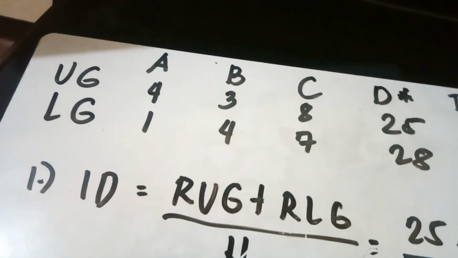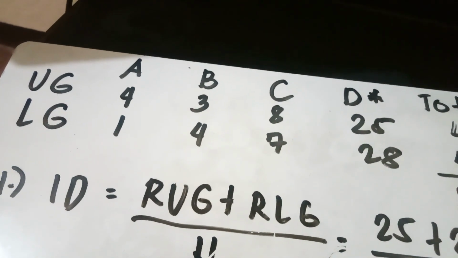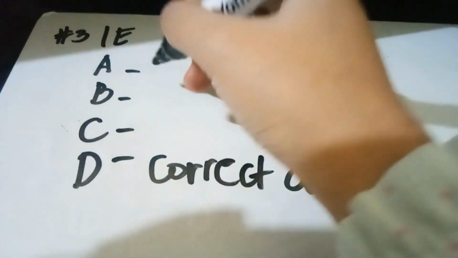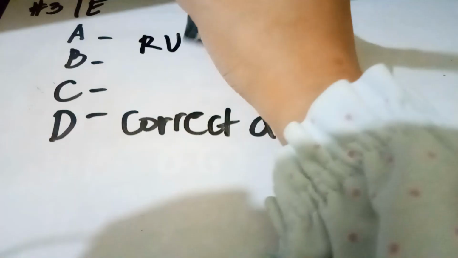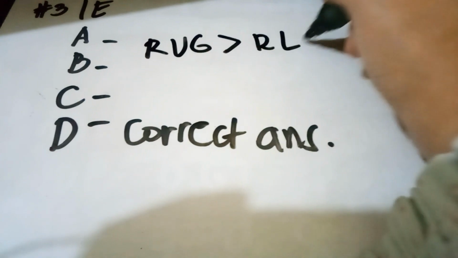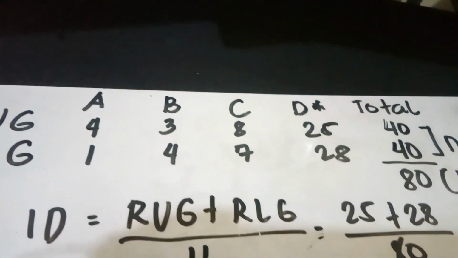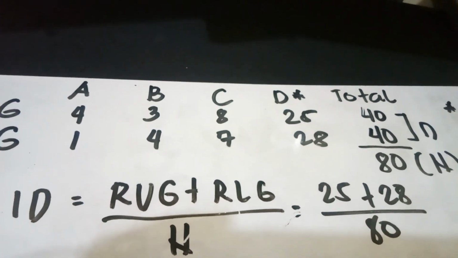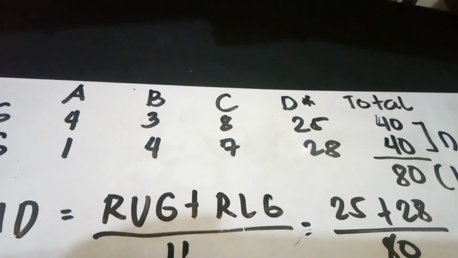From option A, let's see which is higher, RUG or RLG. RUG is greater than RLG. Next, RLG is lower and RUG is higher here.